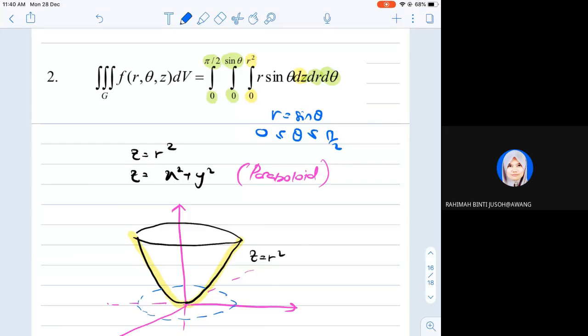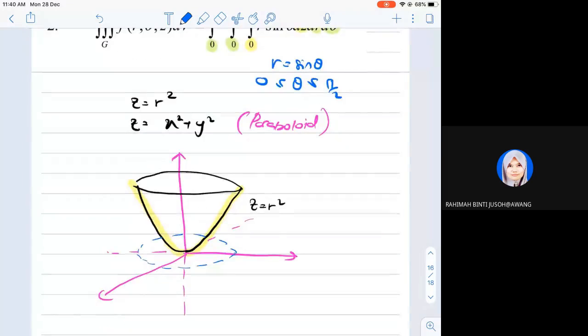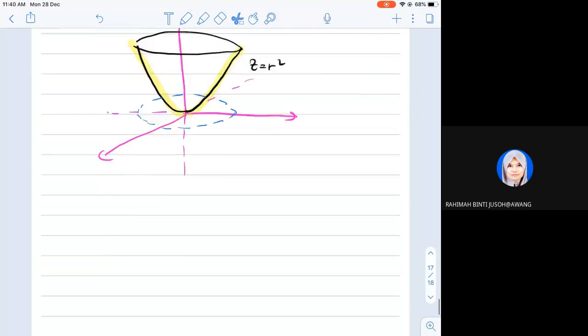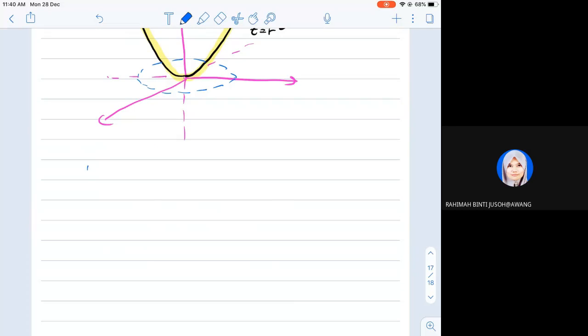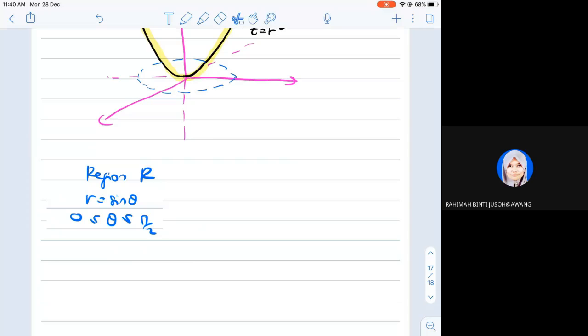So if I plot the region R, okay, kalau saya plot region R ni, berdasarkan dia punya limit ni guys, what happened?